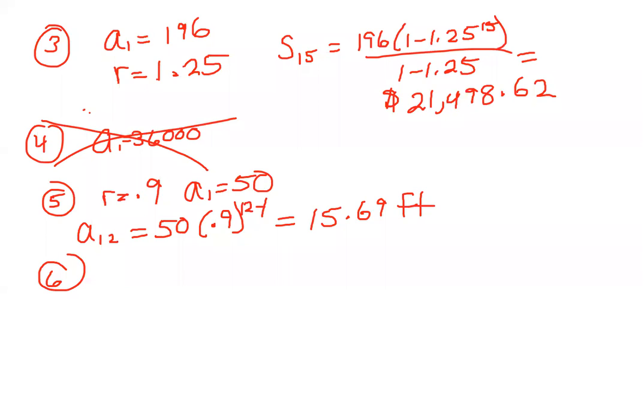So we know A1 is 40. And D, this is arithmetic because we're adding or subtracting. D is -2. And AN is 8.